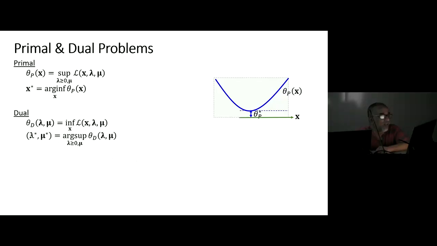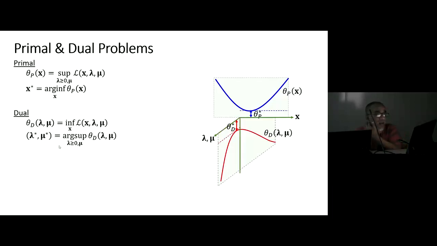And this is the dual problem, and this is orthogonal to this. This axis, the green line here, just represents both lambda and mu. So this is theta d of lambda, mu.